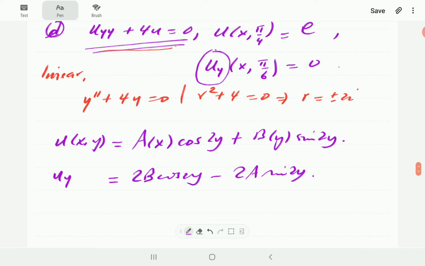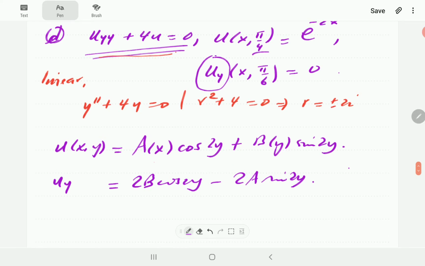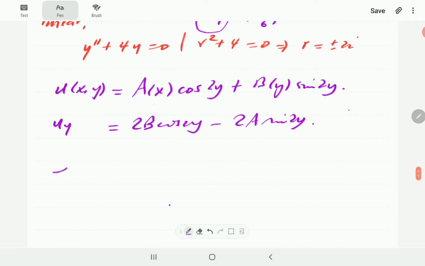So when x is pi on 4, u is e to the minus 2x. So when we plug that one here, then this side we're plugging in x is pi on 4. So that's going to be a of x cosine pi on 2.